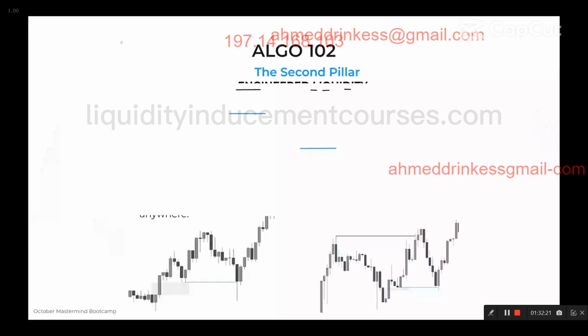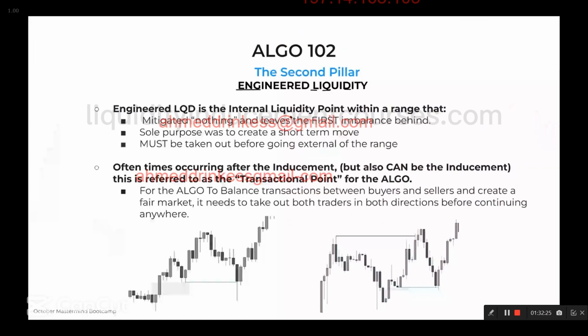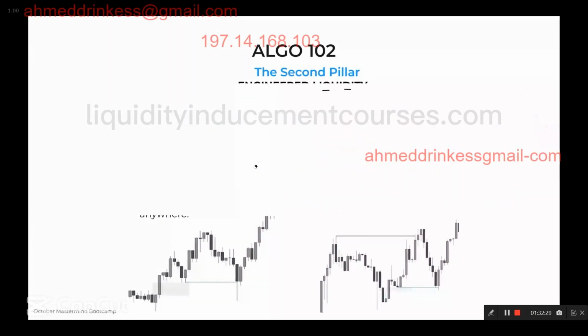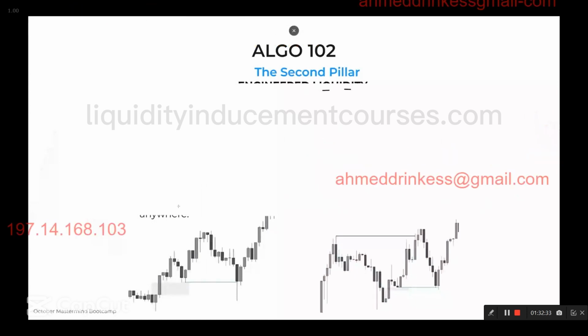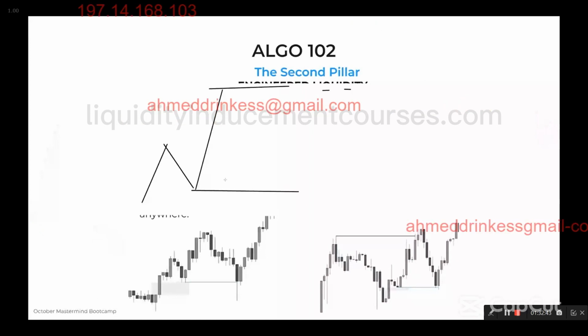So when we are looking at it from this perspective, what you're going to see is, when you are looking at a main range from a high, higher low to a higher high, this is what you consider the external point of your range.